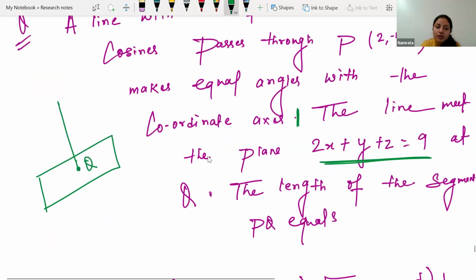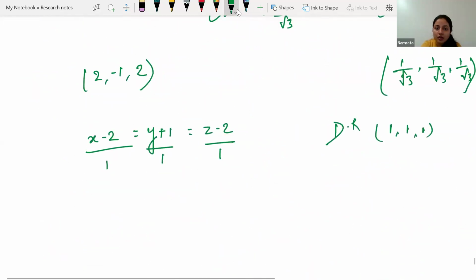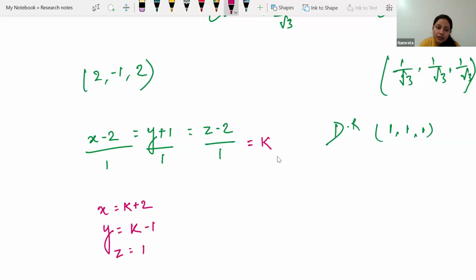So if we take any random point Q on this line, let's take the parameter as K or maybe lambda. So x will be K plus 2, y will be K minus 1, and z will be K plus 2 again.